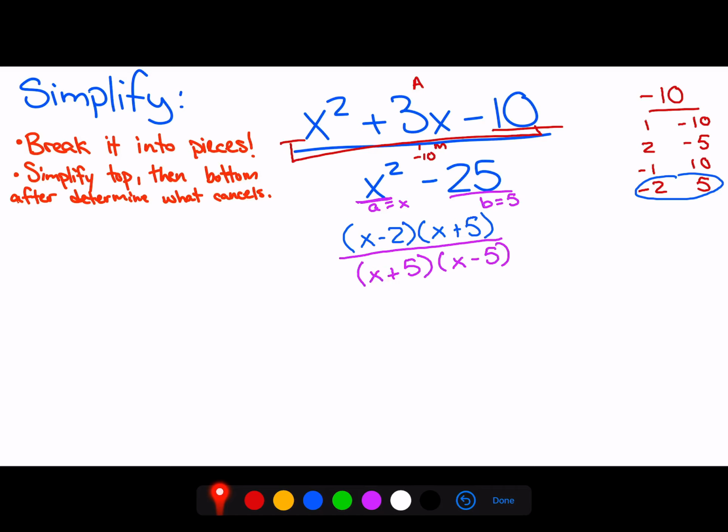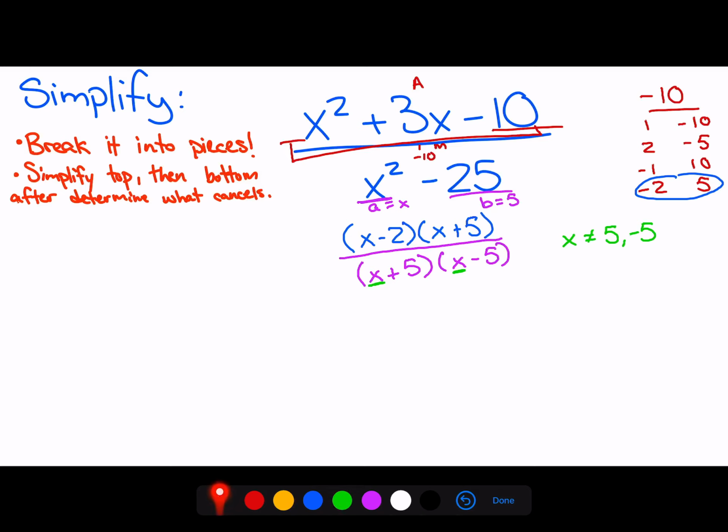All right, now that we know that, do we see anything that x cannot be equal to? Well, yeah, x cannot equal negative 5 or positive 5. From there, do we see anything that cancels, that's the same on both top and bottom?